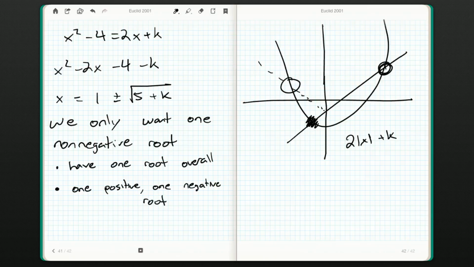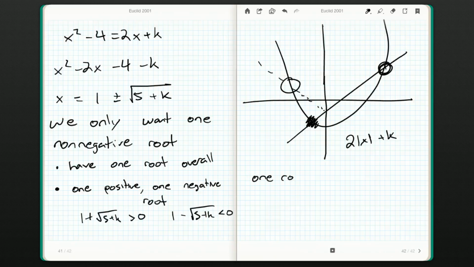Okay. So it's clear that 1 plus root 5 plus k is going to be the positive root. And so we'll need 1 minus root 5 plus k to be the negative root.